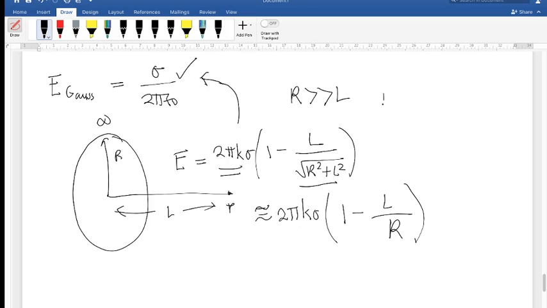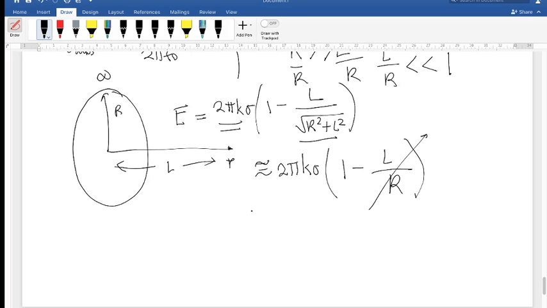When you divide both sides by r, 1 is greater than L over r, so we can neglect this one. So in approximation, we just have 2 pi k sigma times 1.